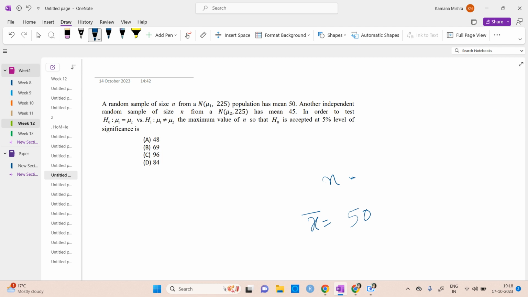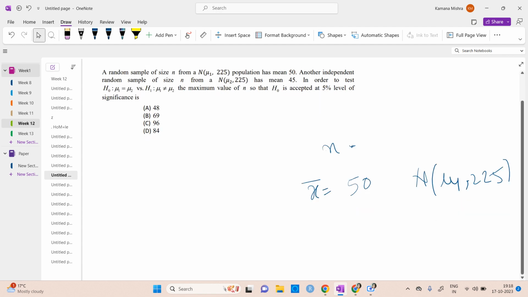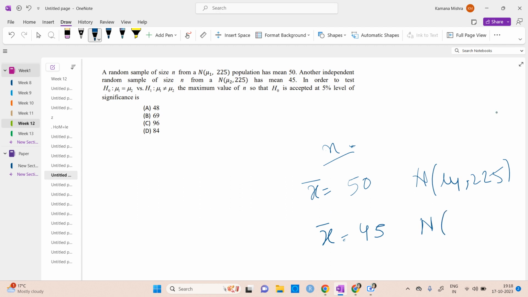That sample is taken from the population N(mu1, 225), right?